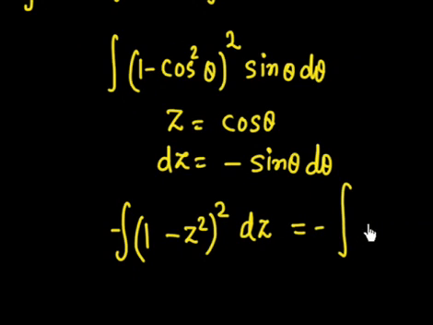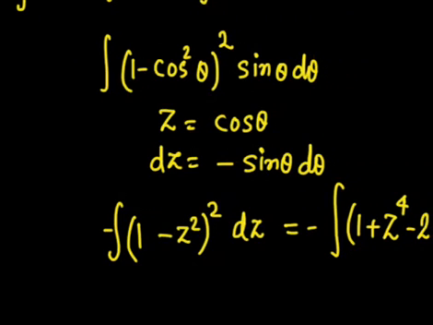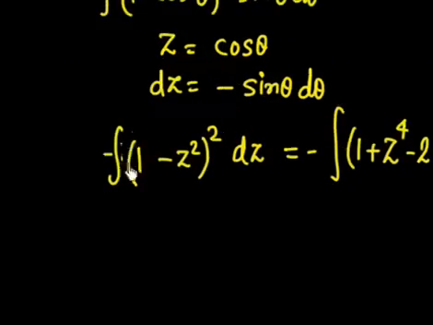So this is simply minus 1 plus z4 minus 2z square, and then I have to integrate with dz. Are you getting or not? So this is the integration. Everybody agree or not?